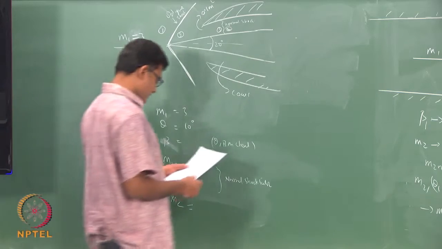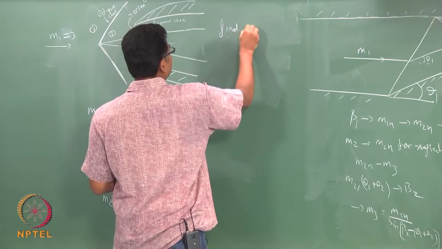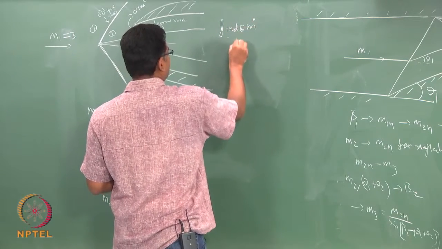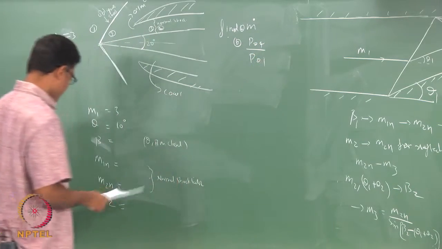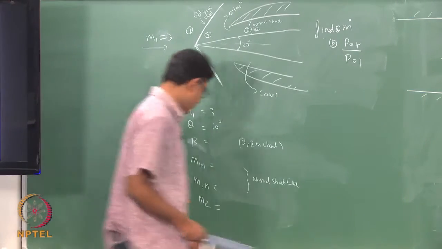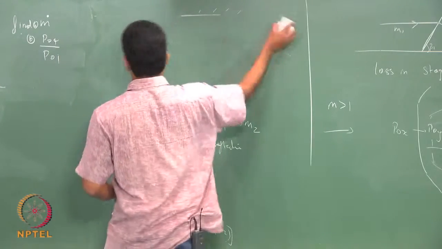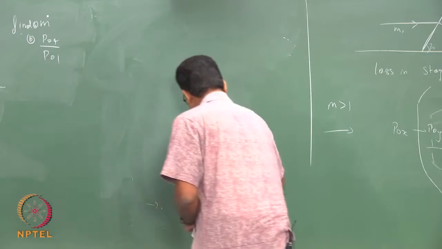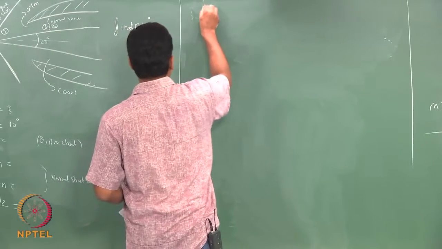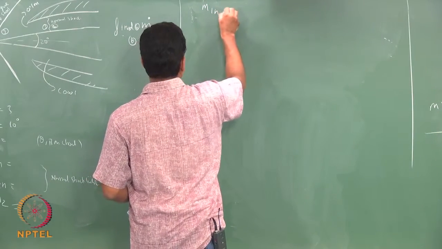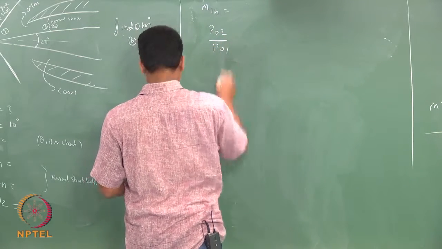So, the question is to find m dot and P04 by P01. The moment you have M1n, I can find P02 by P01.